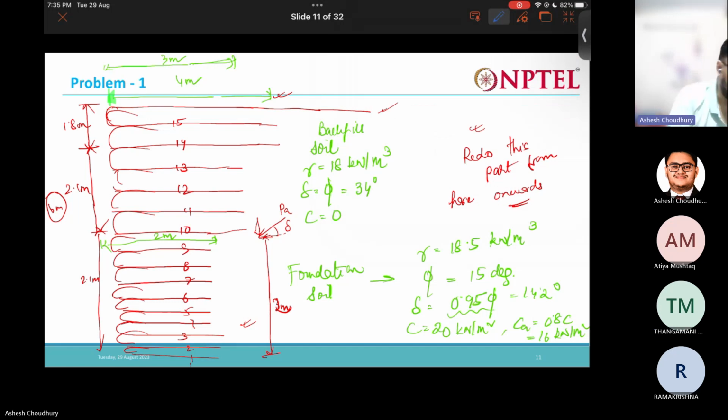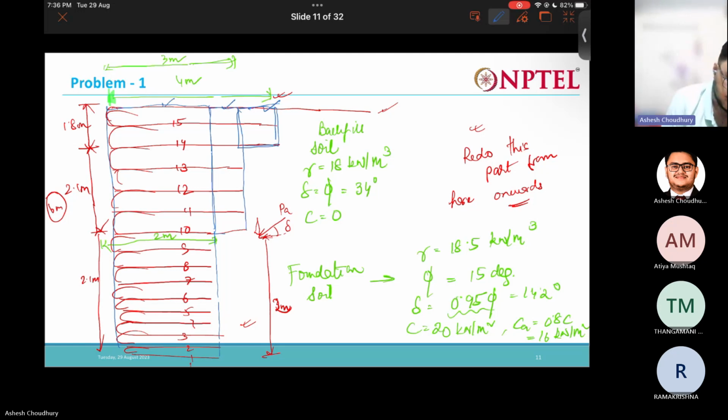W1 is this soil block, W2 is this soil block, and W3 is this soil block. So understood? We have divided the reinforced soil total block into three small blocks, W1, W2, and W3.